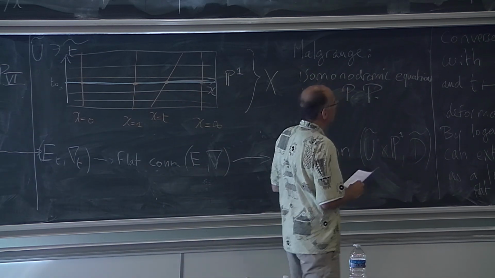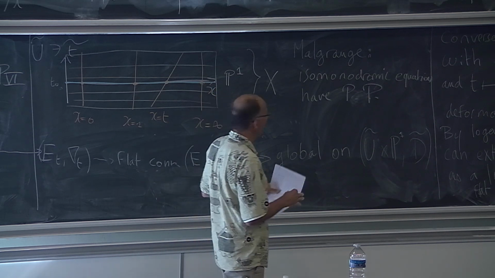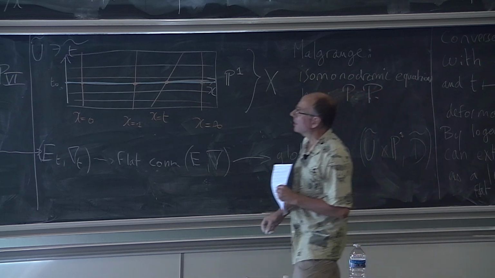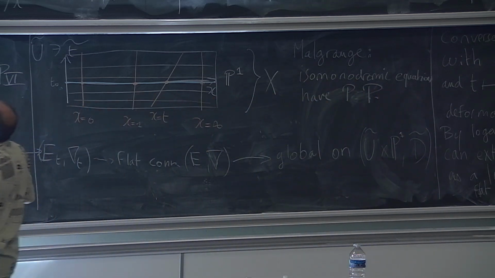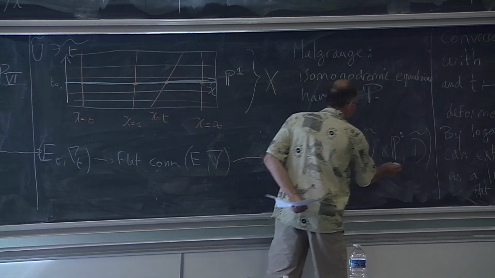And then you have to go back like I did before, except that the problem is that now I am not sure that the bundle is trivial on the whole of this manifold.